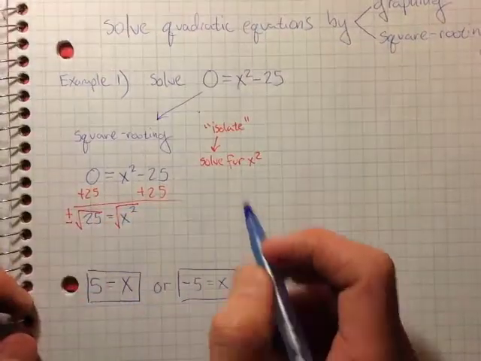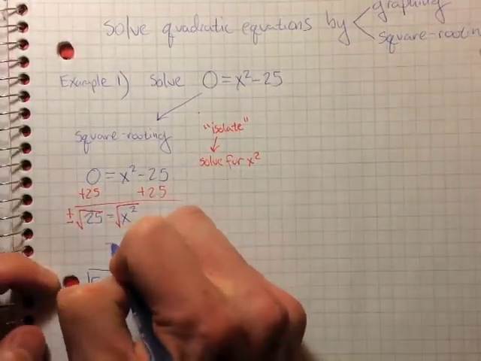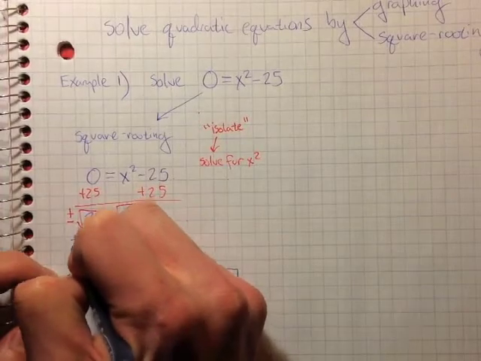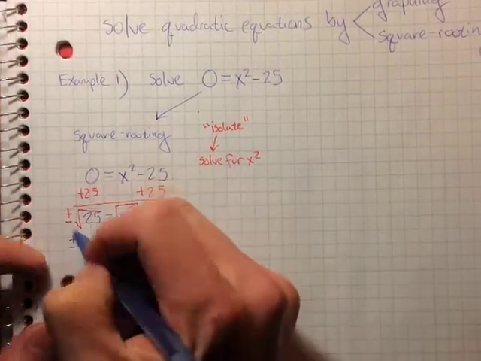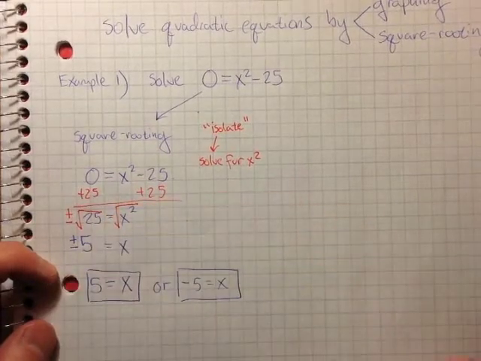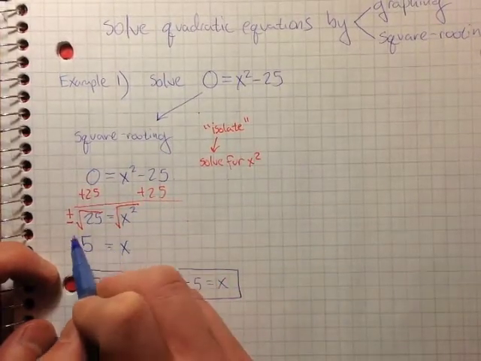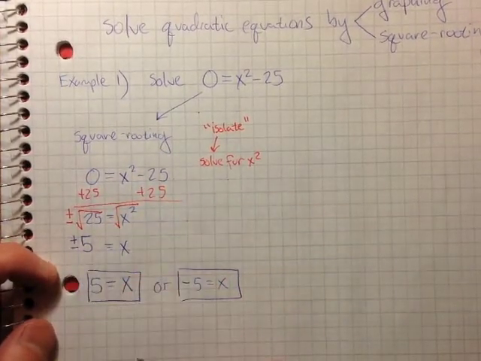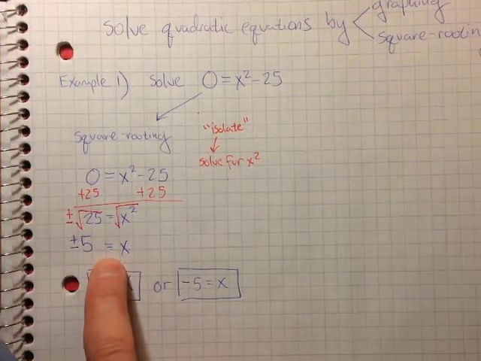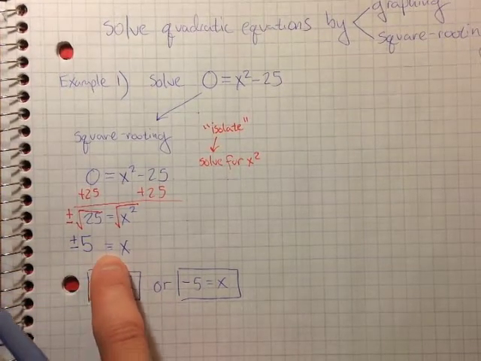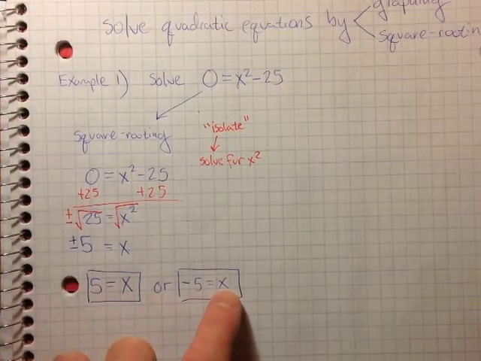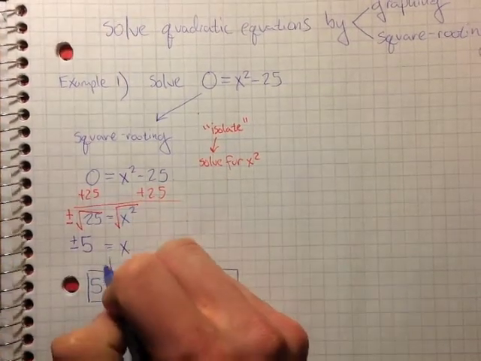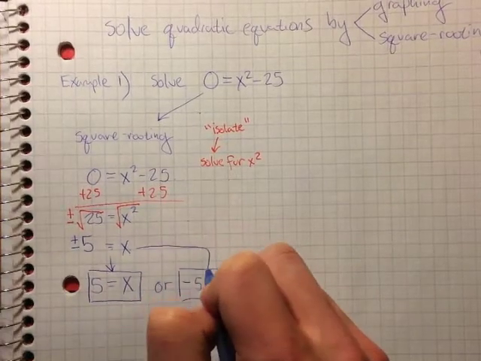So x equals plus or minus, and then the square root of 25 is positive 5. So x equals plus or minus 5. And that can be written in two different ways: x is positive 5 or x is negative 5. So that leads into both of these possible solutions.